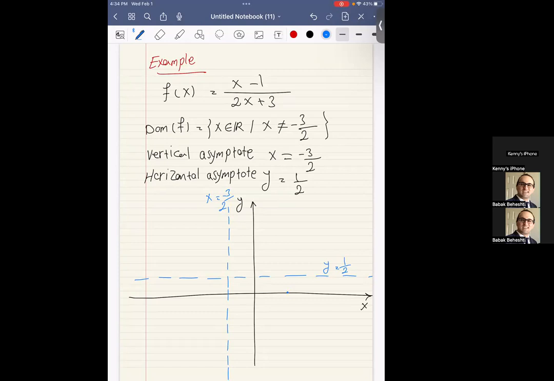The y-intercept is y equal to minus 1 over 3. So it's like this. These are the x and y intercepts, and the graph looks something like this. Once you have the vertical and horizontal asymptotes, you can draw the graph.